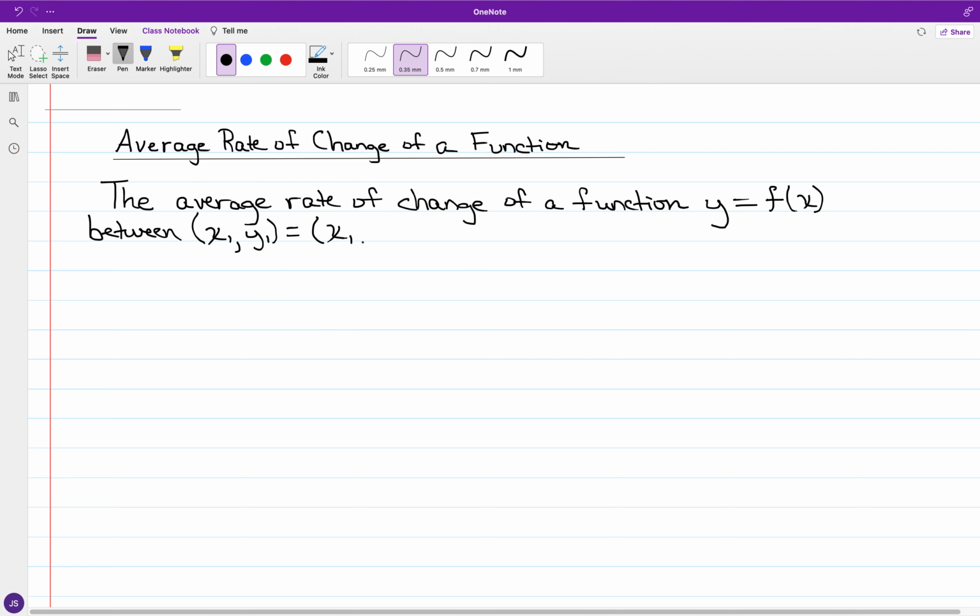So y1 is going to be the function at the input x1. And the second point, x2, y2, where y2 is the function when the input is at x2.